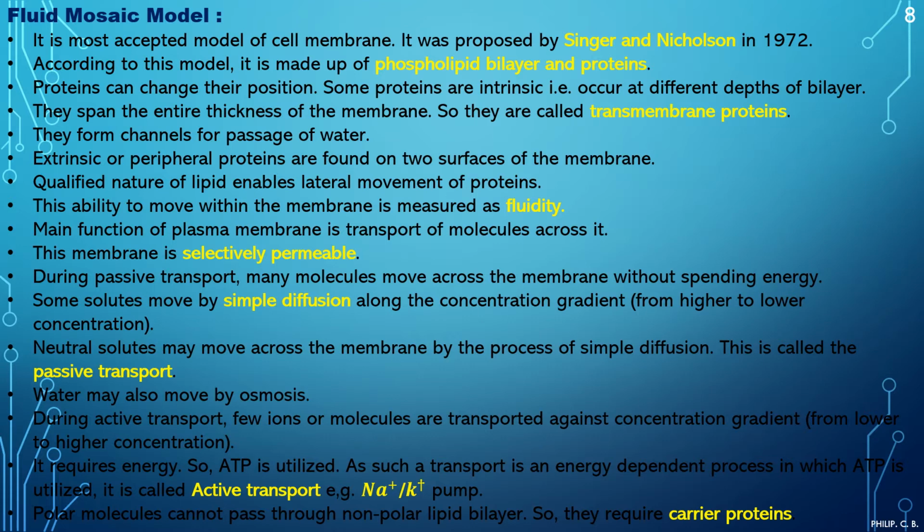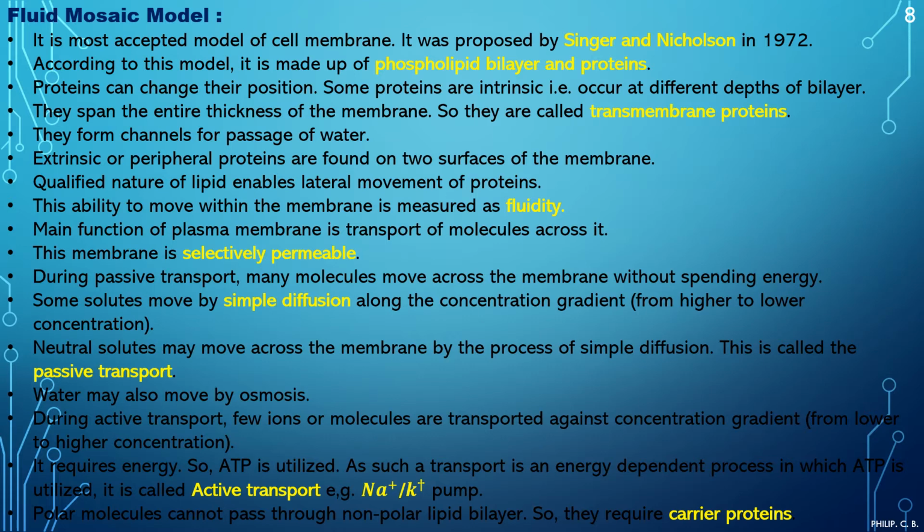Okay, the main function of the plasma membrane is the transport of molecules across it. This membrane is called selectively permeable. So what do you mean by selectively permeable? It only allows certain molecules to pass through it, not all. During passive transport, many molecules move across the membrane without spending energy.